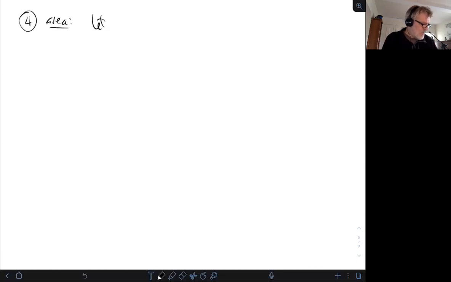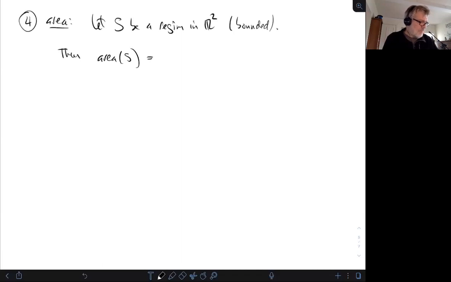So you have a region S, and it'll be bounded. My regions are always bounded. Then I can compute the area of S as follows.